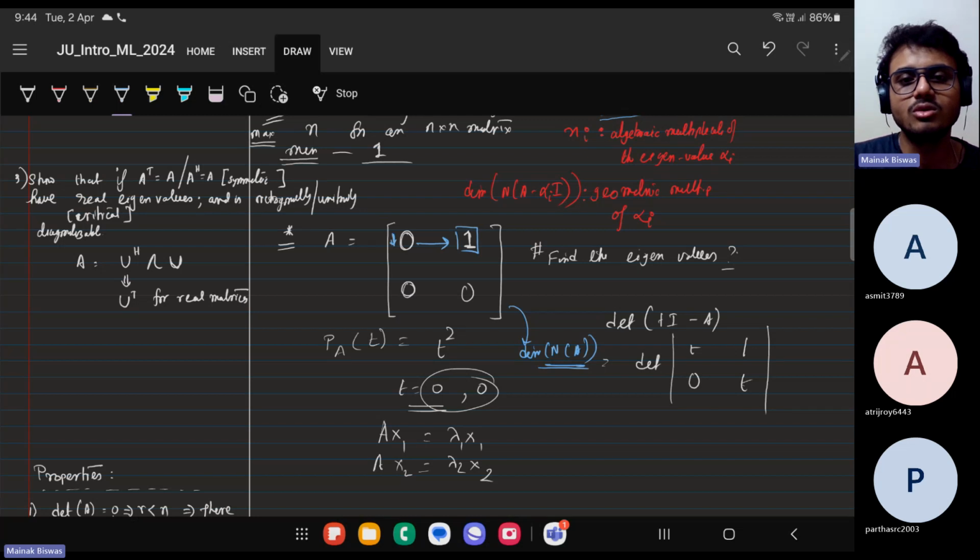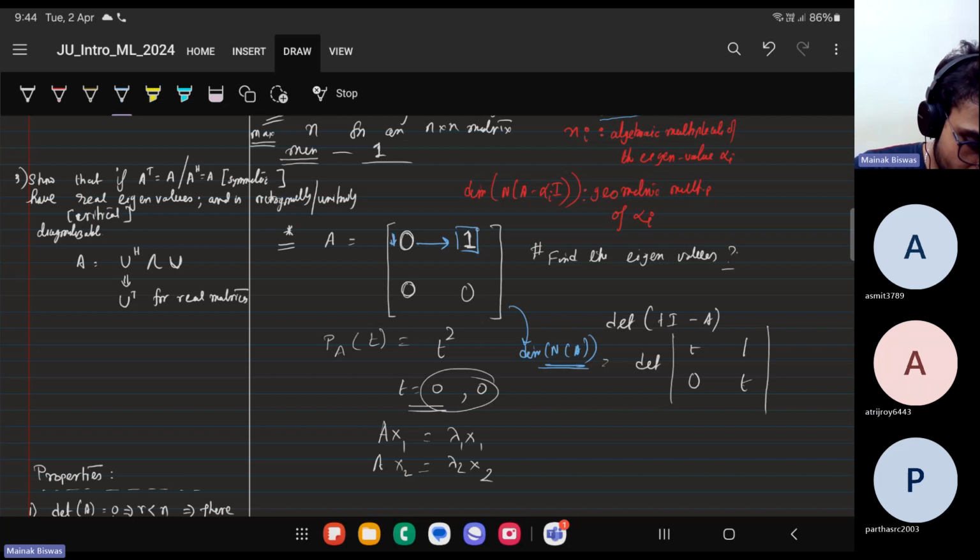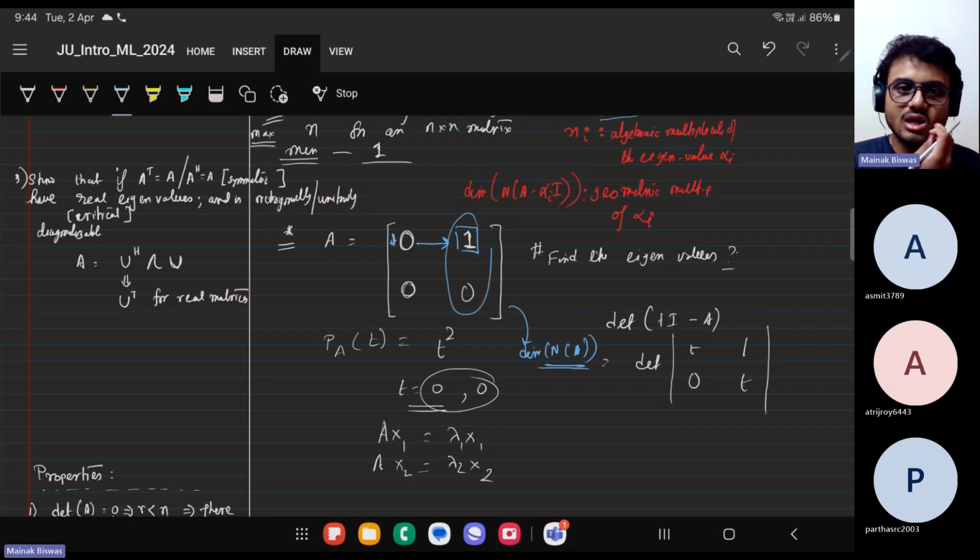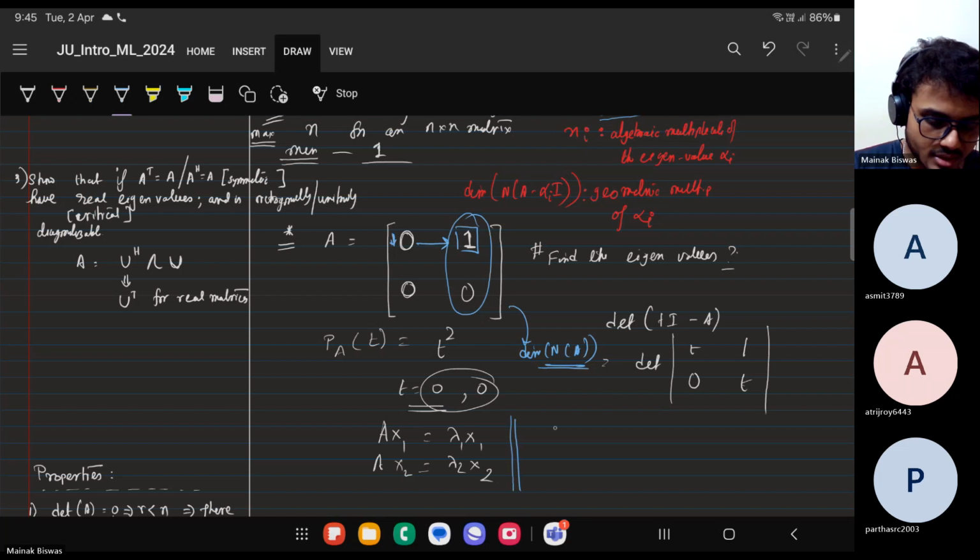How can it be 2? You have a non-zero column vector. So anything in 1, 0 will work, but the dimension of the null space is 1. So you only have this equation, A times (1, 0) is equal to 0. Correct?